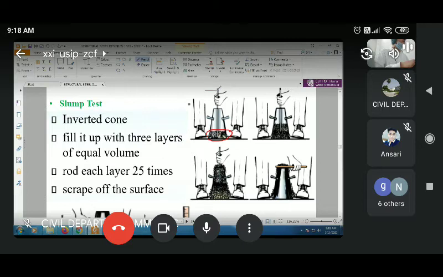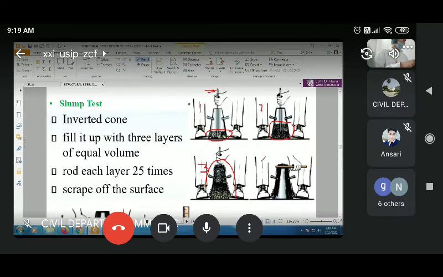This is the tamping rod, having a dimension of 600 mm length and 16 mm diameter, and each layer is tamped or compacted with 25 blows. So first 1/3, then half, then in the third stage we fully fill the cone, and compaction is done so that the voids are removed.